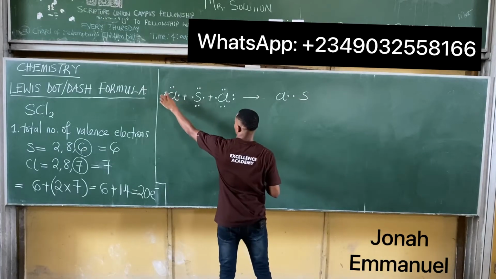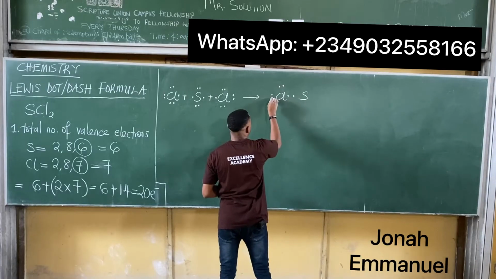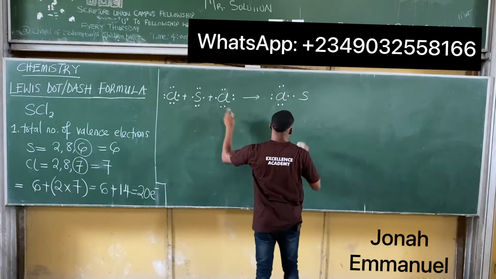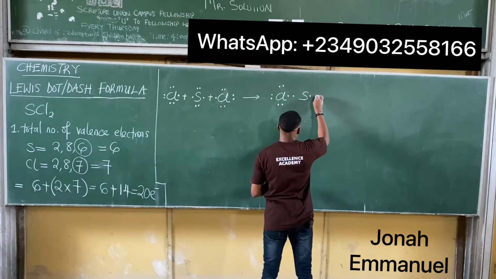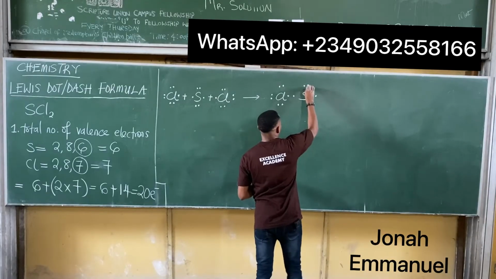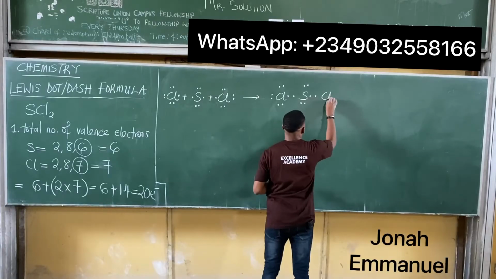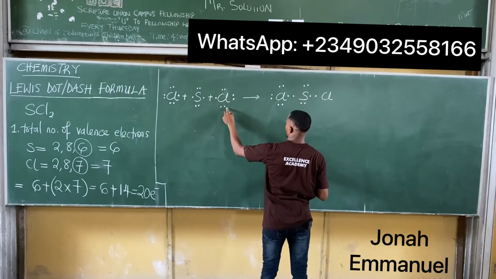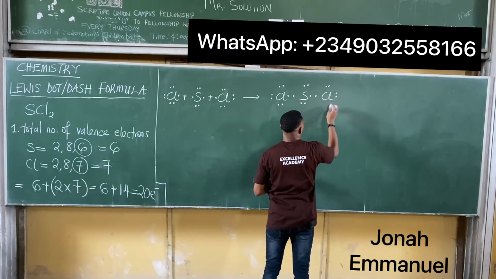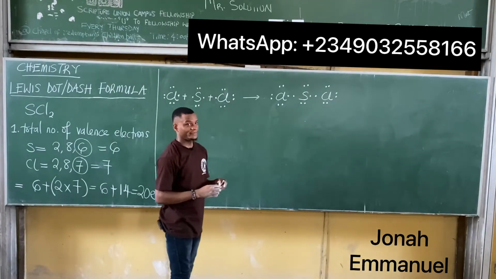So I have 1, 2, 3, 4, 5, 6, 1, 2, 3, 4, 5, 6, and so on, for each chlorine. Alright, so we are now here.